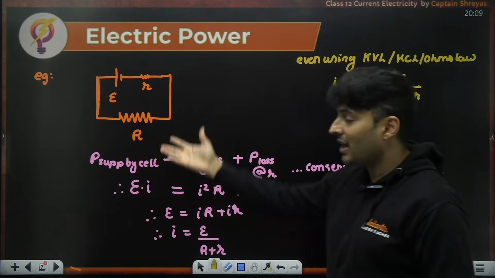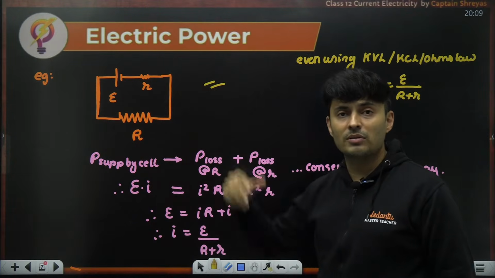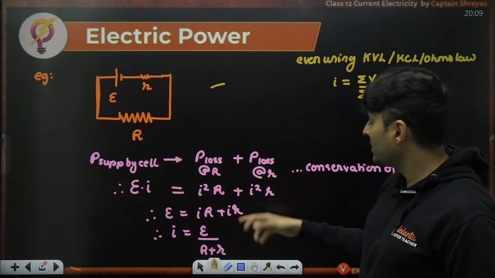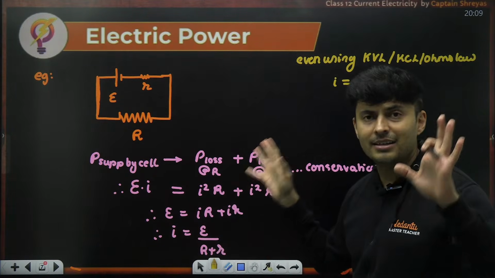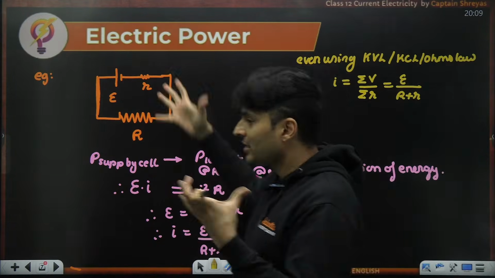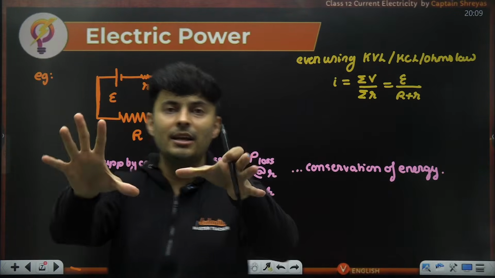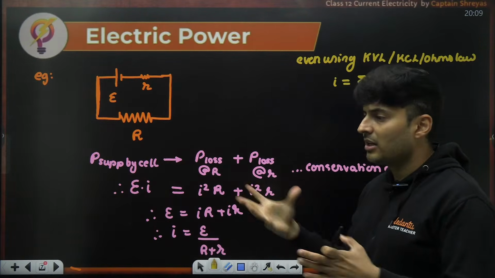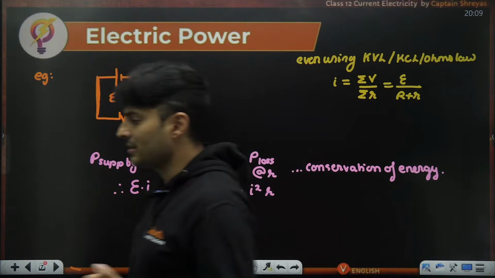So whether you do it via energy analysis or via Kirchhoff's law or Ohm's law analysis, you will definitely be guaranteed the same answer. Okay, so this is the concept of power being delivered or consumed by these cells and resistances.